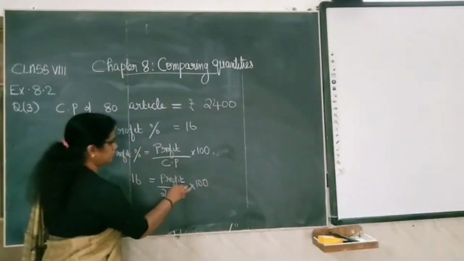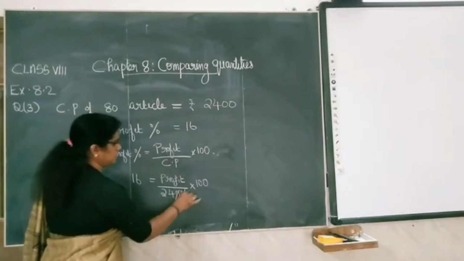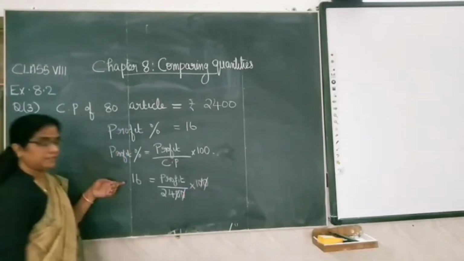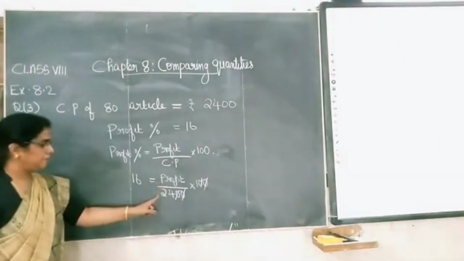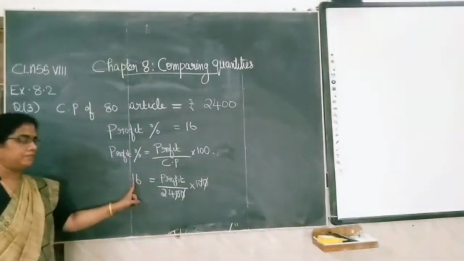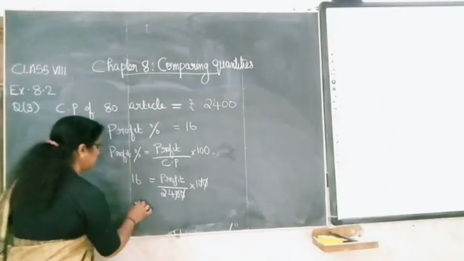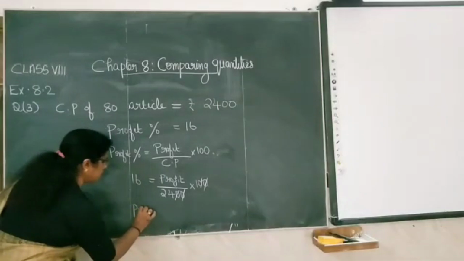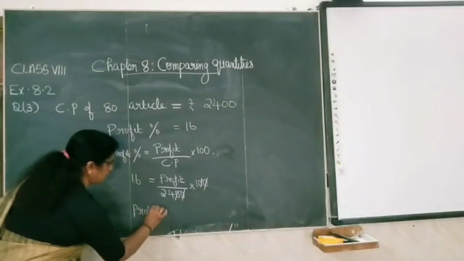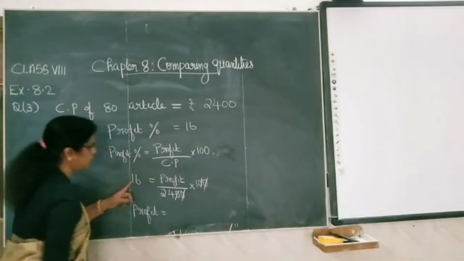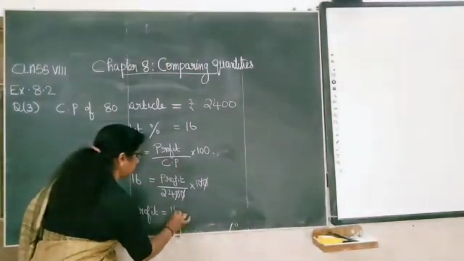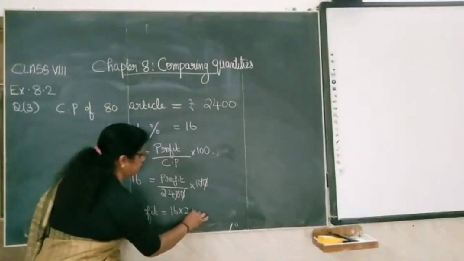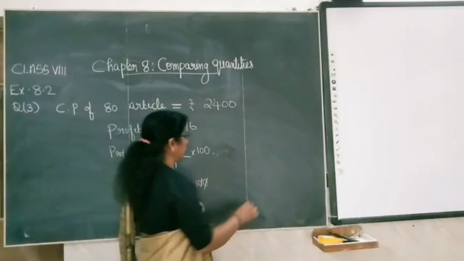So here you can cut the zeros from the numerator and denominator. From here profit you can find by doing the cross multiplication. From here you can write profit equal to multiply 16 with the 24 and find the answer.